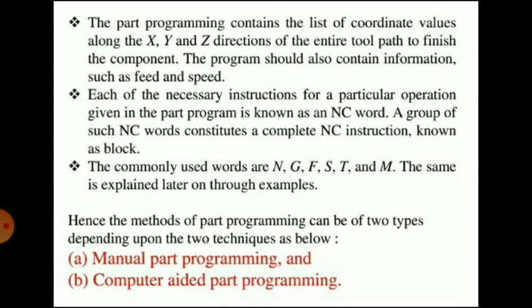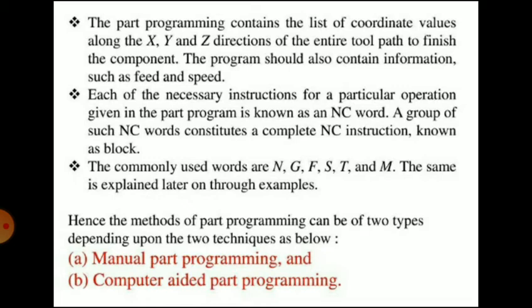A group of such NC words constitutes a complete NC instruction known as a block. The commonly used words are N, G, F, S, T, and M. These words will be explained later in the next slides.